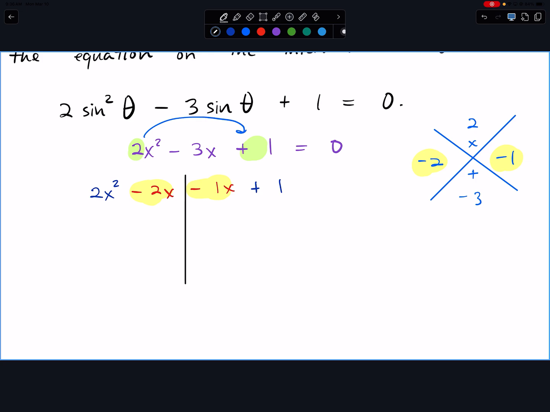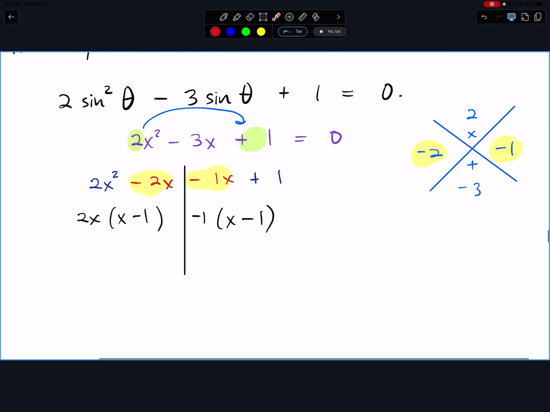Do you guys remember now that we break this up into 2 terms and 2 terms? What could I take out of both these? 2x. So it's going to be 2x times x minus 1. And then to factor this, I'm going to take my parentheses, copy paste. What would go here so that when I multiply it, I get negative 1x. Negative 1. And then if I check my math, negative 1 times negative 1, isn't that positive 1? So we're good.